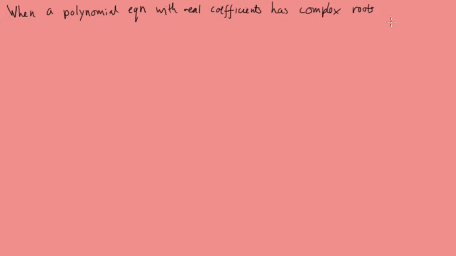Okay, so when a polynomial equation with real coefficients has complex roots, they occur in conjugate pairs.